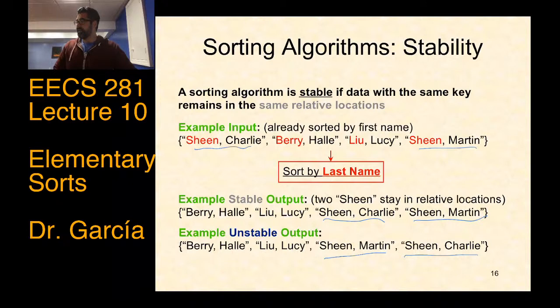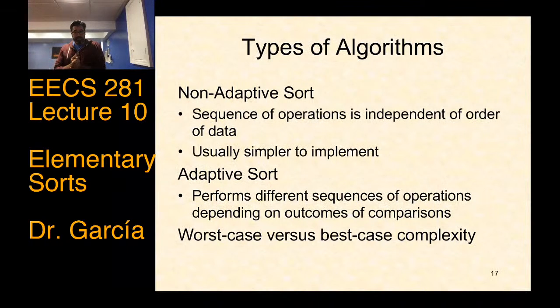Okay. Another category that we use to describe sorting algorithms is adaptive versus non-adaptive. The distinction is that a non-adaptive sort has no logic that would behave differently if the input data had any sort of order.